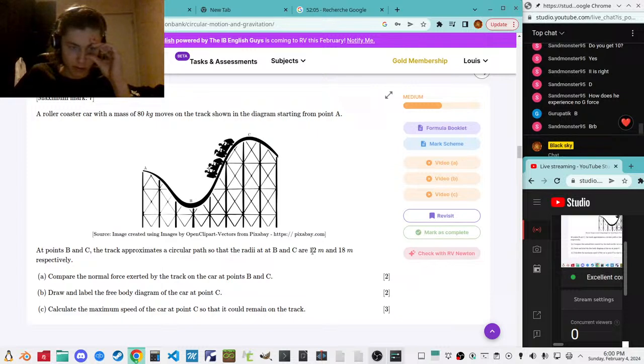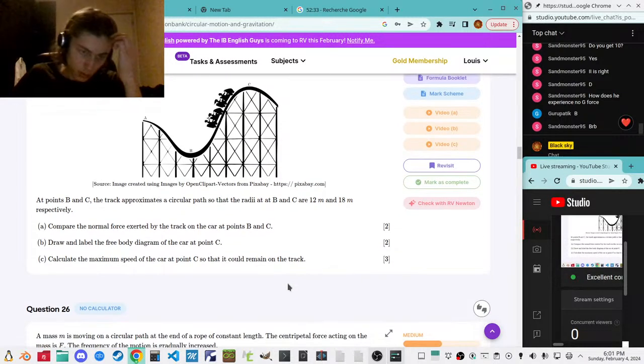Compare the normal force exerted by the track on the car at points B and C. So normal force should be greater at B than C.